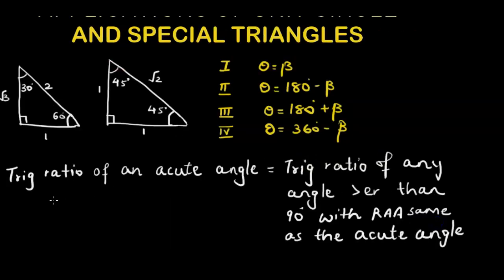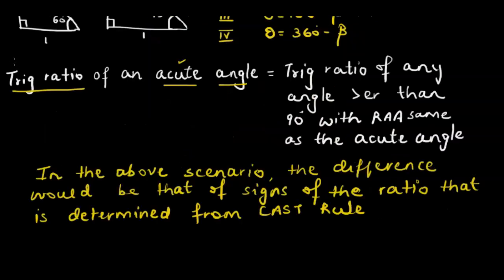We also learned from the unit circle that the trig ratio of an acute angle will be equal to the trig ratio of any angle greater than 90 degrees with a related acute angle the same as the given acute angle. The difference in the two trigonometric ratios would be the signs of the ratio.